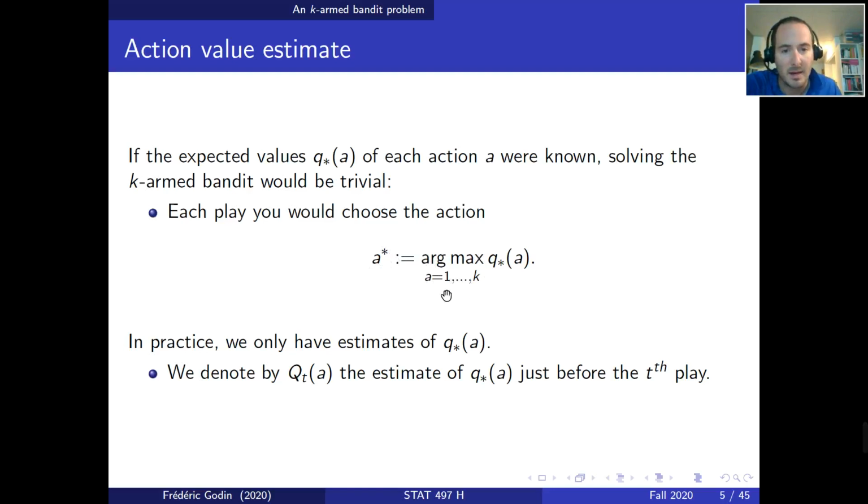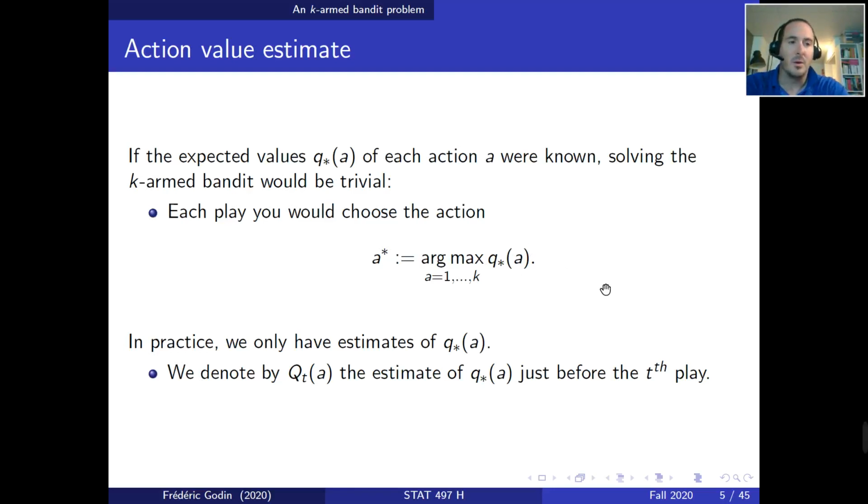It's the argmax, maximizing argument between 1 and k of the expected value associated with arm A. So you just pick the lever A star, which is the one which has the highest expected value among all levers, and you will pull that one all the time.